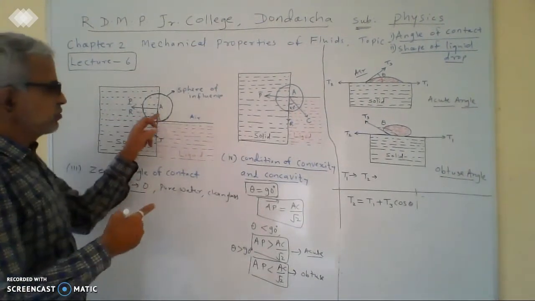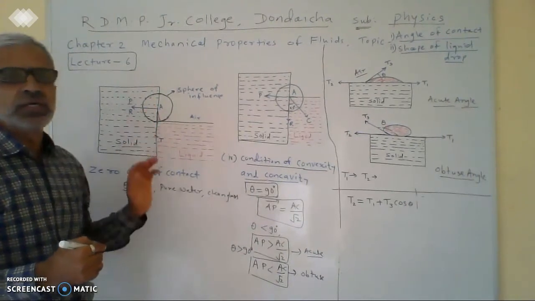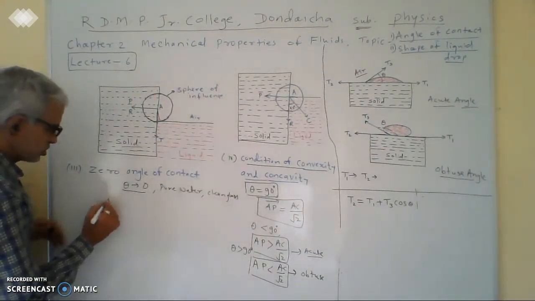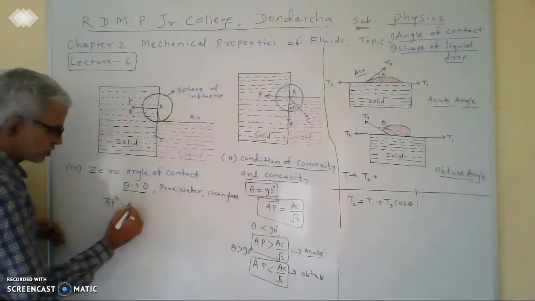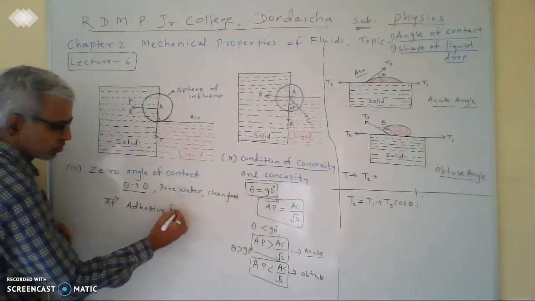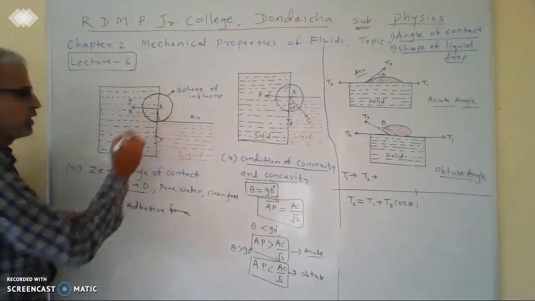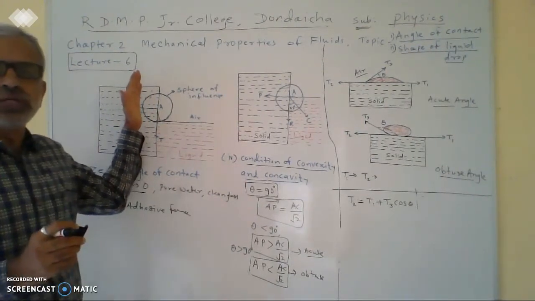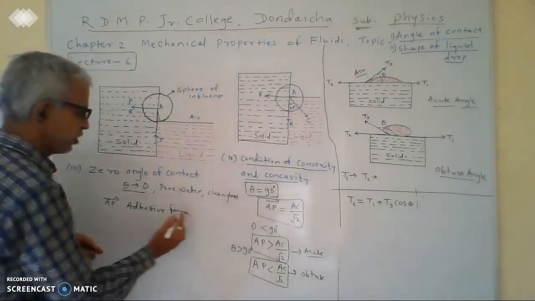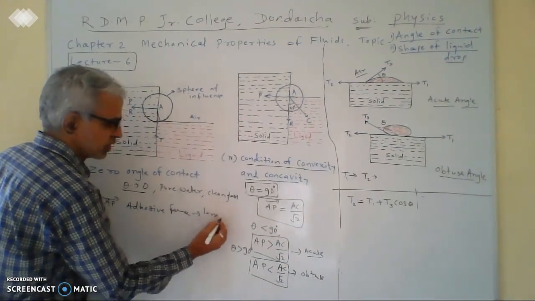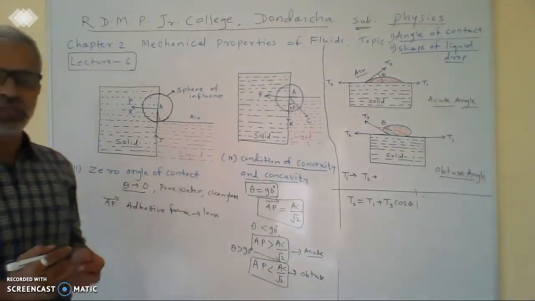This is the sphere of influence of molecule A. Then vector AP shows the adhesive force. It is the adhesive force between molecule A and the molecules of the solid. And this value of the adhesive force vector AP is very large in case of the water.